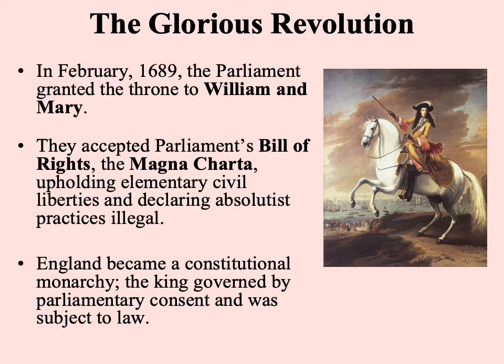So there's kind of two sides to this. On the one hand, basically, really now making it official, the king must cooperate with the Parliament, particularly around financial matters. The Bill of Rights defines certain individual rights that the king has no authority with regard to, and cannot encroach upon these basic liberties enjoyed by English subjects.